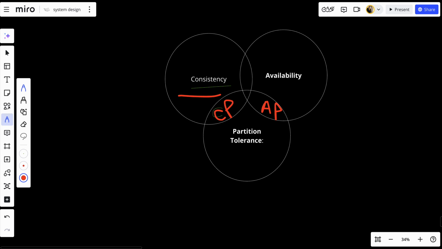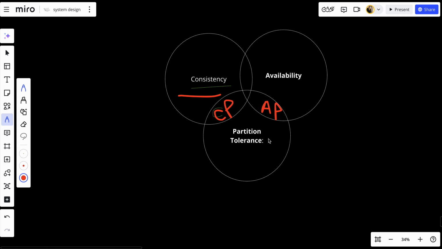Number two, if you choose availability and partition tolerance, the system will always be available to serve requests, even during network partitions, but it may provide inconsistent data. This trade-off is common in social media platforms where availability is a higher priority and temporary inconsistencies are acceptable.